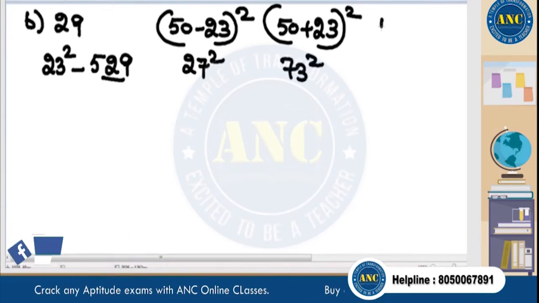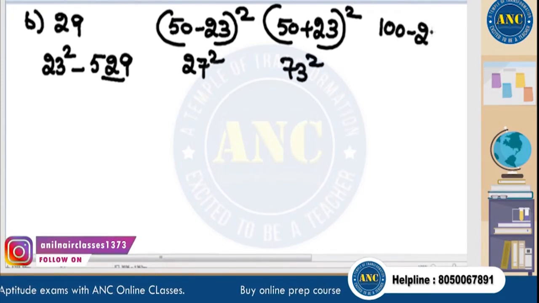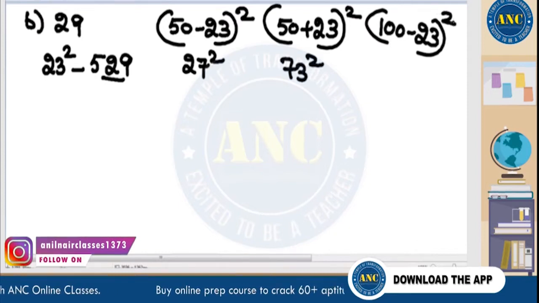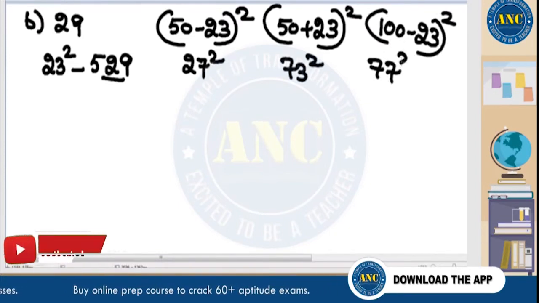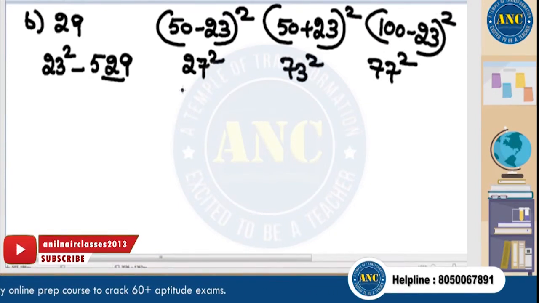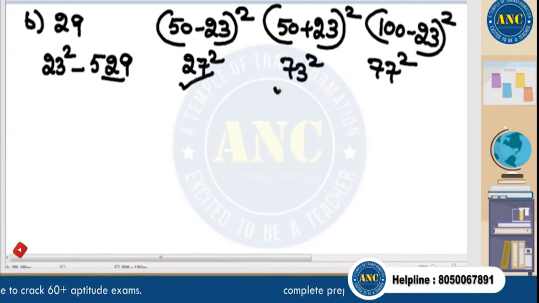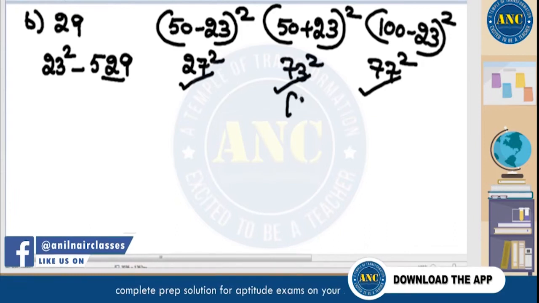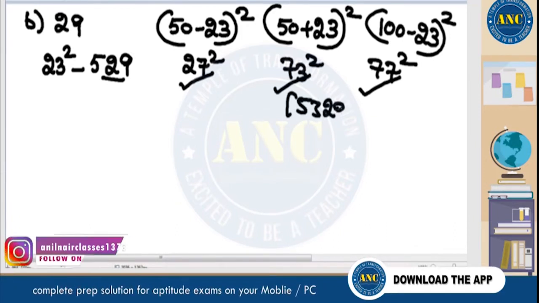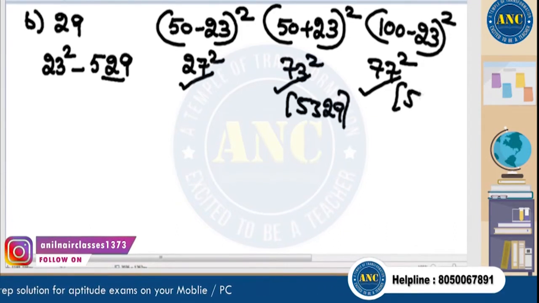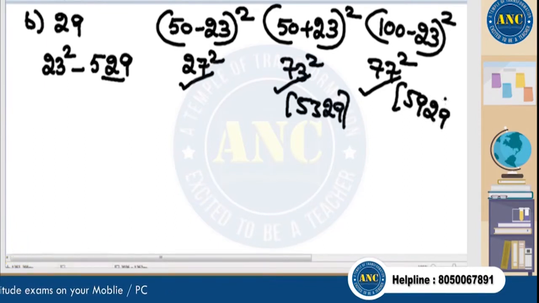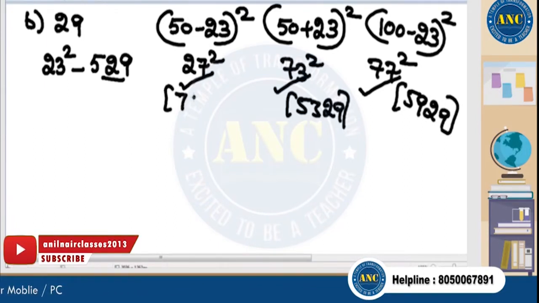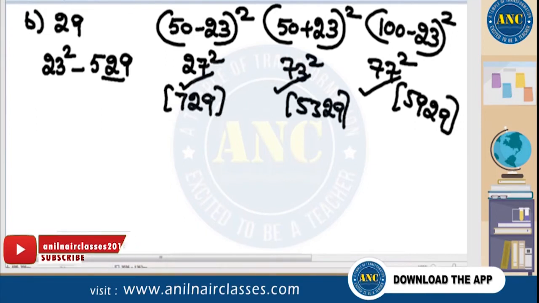The next number will be 100 minus 23, which is 77 square. You don't need to solve this. In case you want to, 27 square is 729, 73 square is 5329, 77 square is 5929.